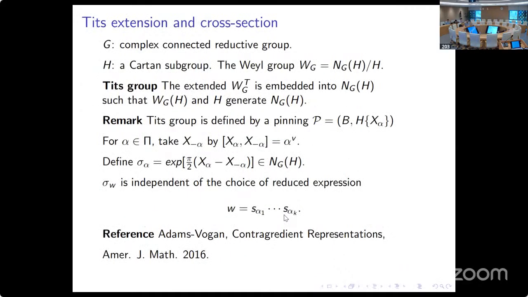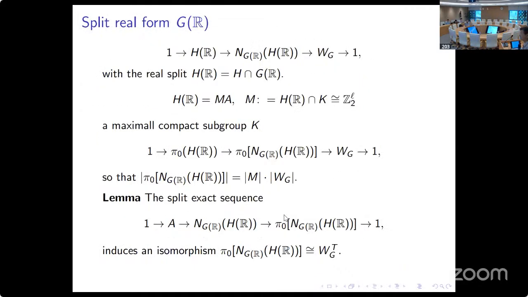Okay, so now let's get to your question. We will talk about the real groups. Of course, we can do this for many kinds of real forms, but the most interesting cases for us are the split real form and the compact real form.